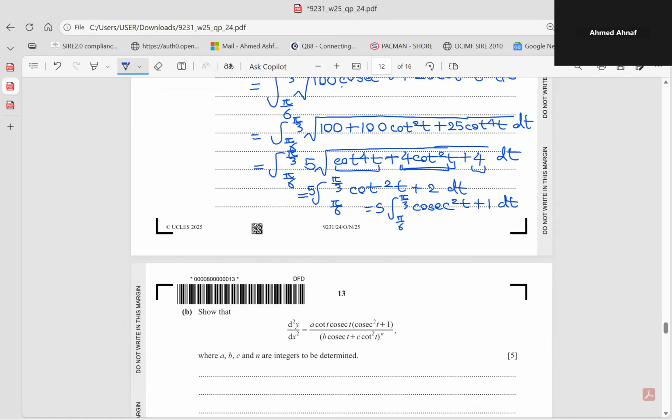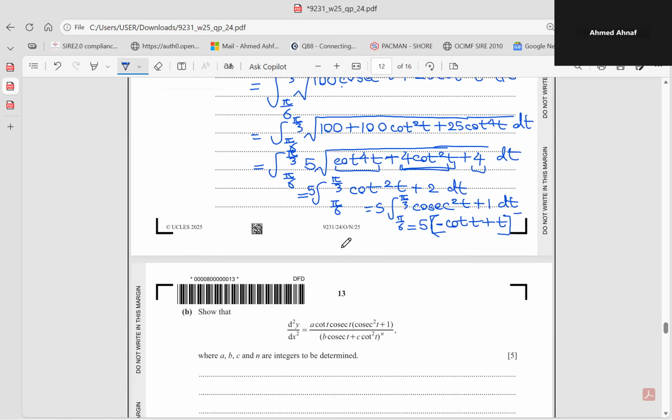I'm just going to integrate this straight away. It is minus cotangent t plus t, with limits pi over 3 and pi over 6, times 5.